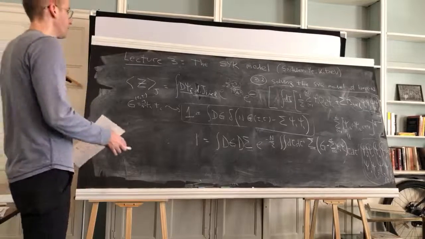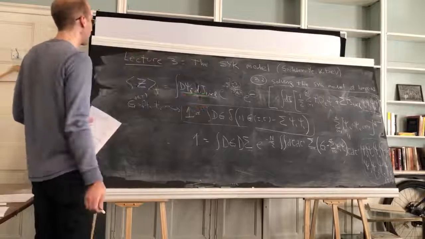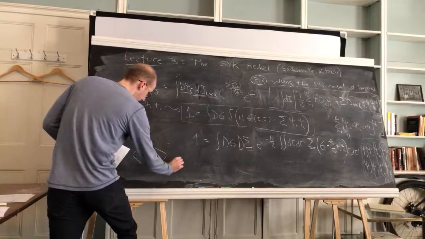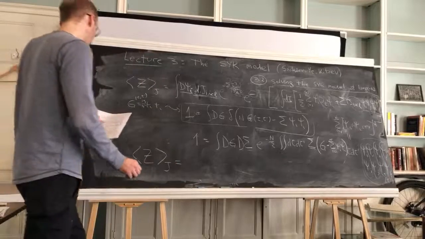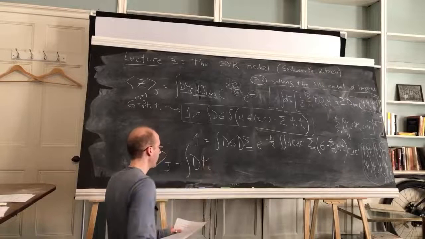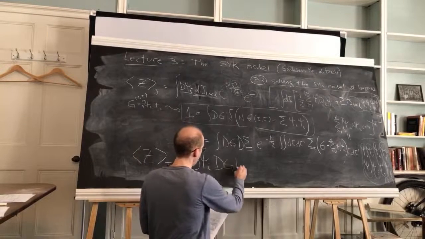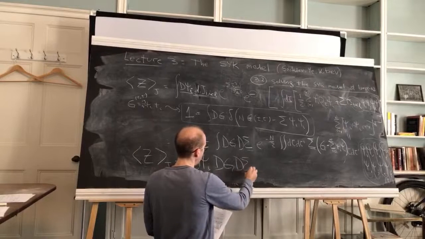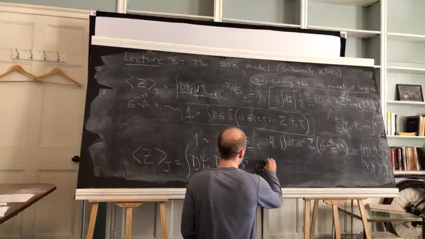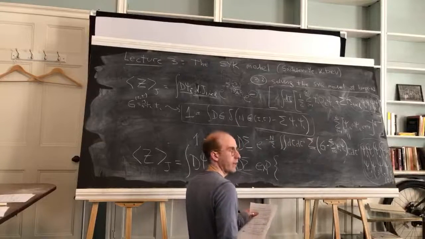Okay, so now if I plug this identity in whatever I was writing before, I still have my path integral over fermions, but now I also have the G and the sigma, and now everything comes exponentiated because of the way I've written this delta function.